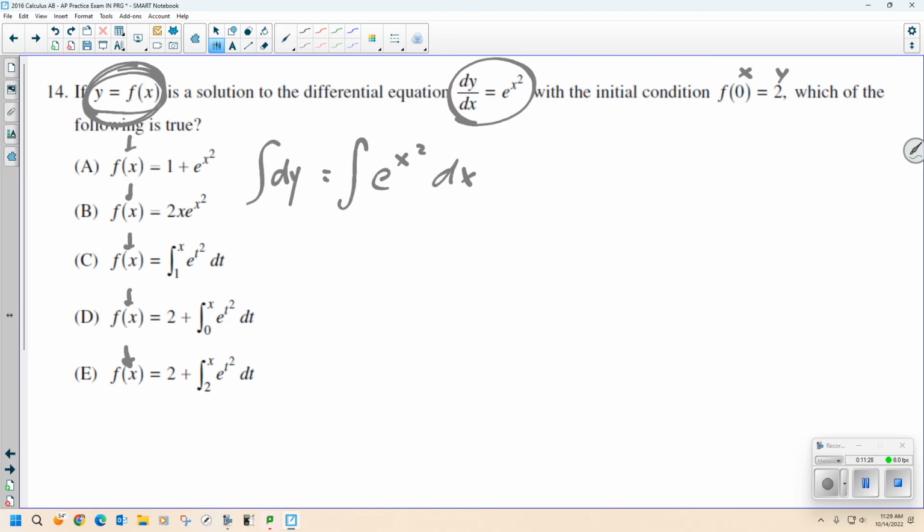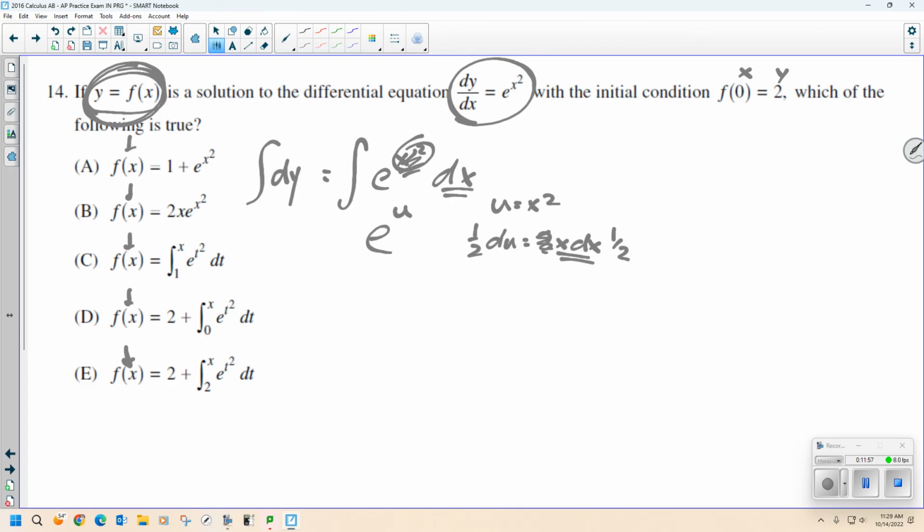But even if I did u sub, this becomes a bear to integrate. And what do I mean? Even if I made this e to the u, and u was x squared, du would be 2x dx. I multiply both sides by a half, so get rid of this. Once this goes bye-bye, I don't have an x dx to sub out.